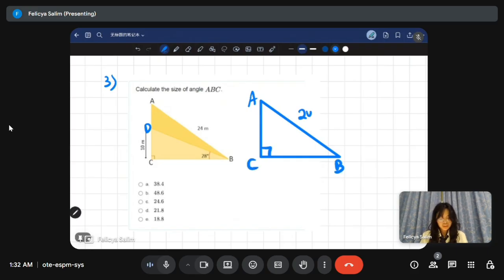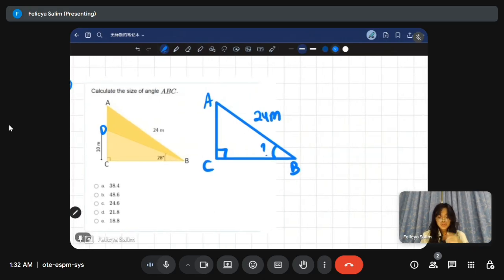You were given the hypotenuse, which is 24 meters, but you need to find the angle, which is ABC. Then, you see the other triangle, which is a bit smaller. It will be triangle DBC. In here, you were given 10 meters, and the angle DBC will be 28 degrees.